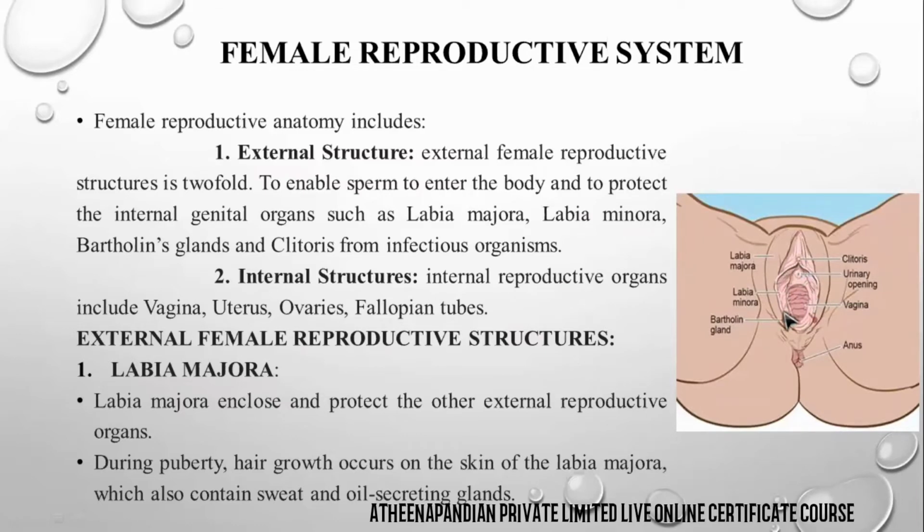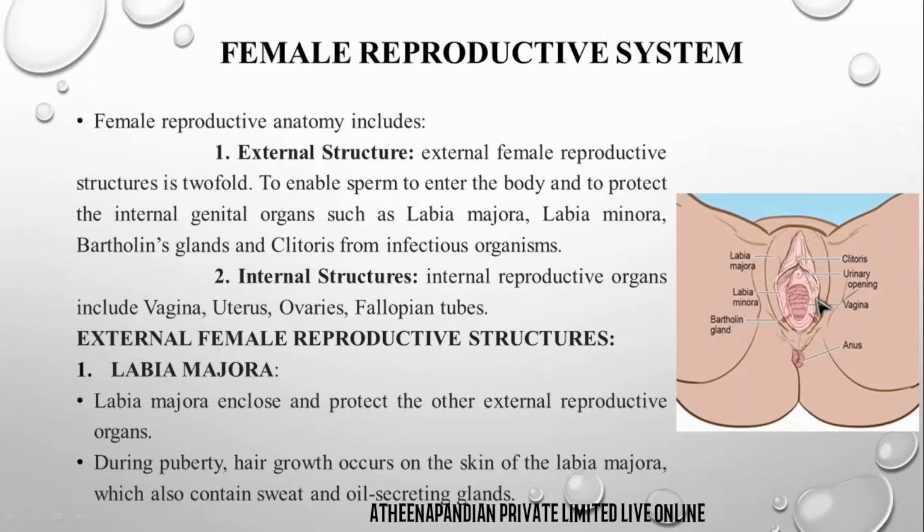The main thing is that they protect the vagina and urethra from infection, as the female sex organ is often prone to urinogenital infection. Even with these protections, they also pave the way for the sperm to enter into the vagina.